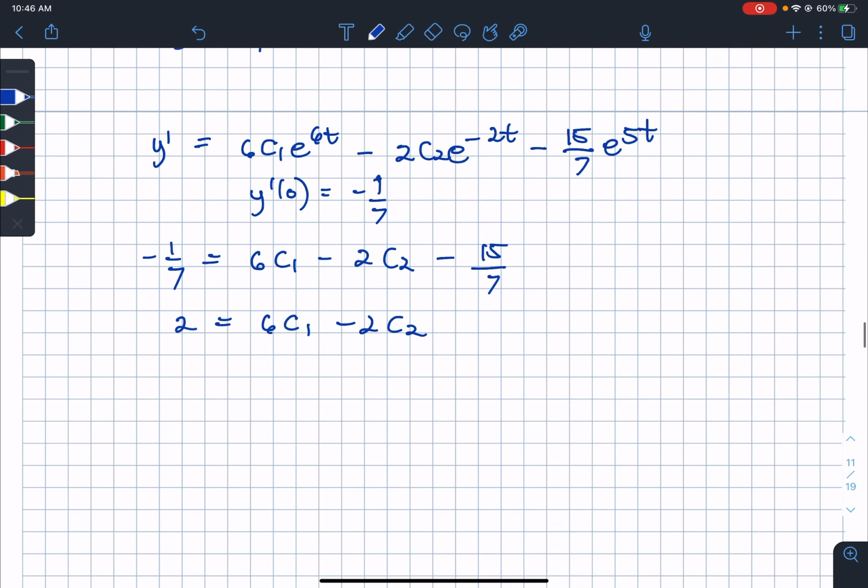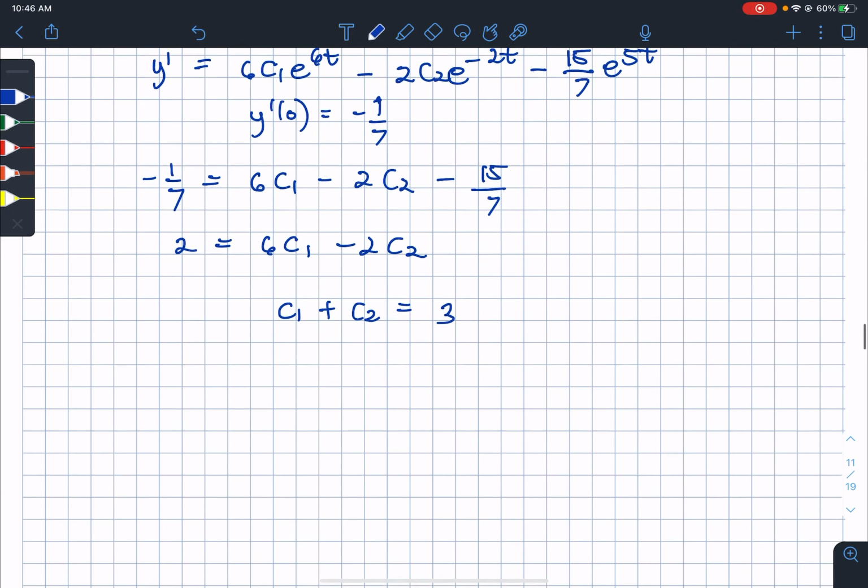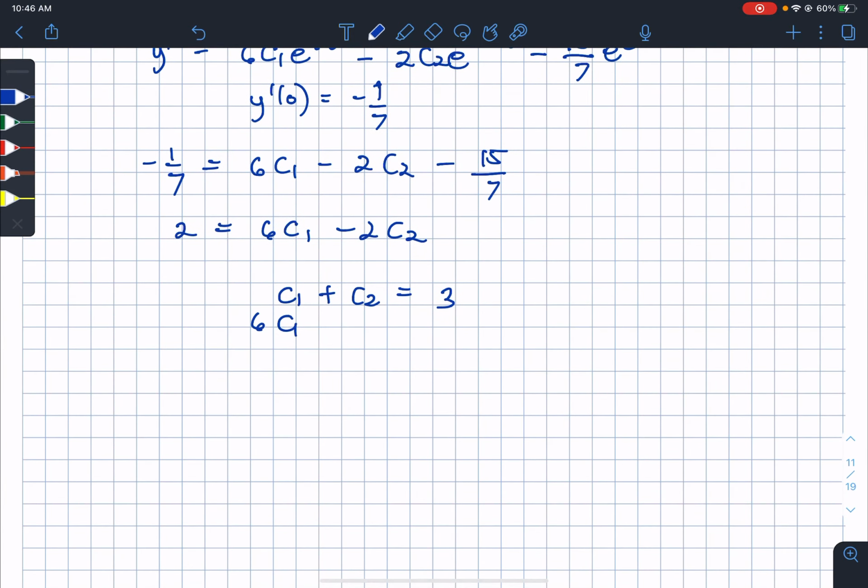So our two equations then would be c1 plus c2 is equal to 3, and the other one is 6c1 minus 2c2 is equal to 2. So using again mode 5-1, I'm not going to solve it anymore. Or you can try to do it by elimination or substitution. It's up to you, it doesn't matter.